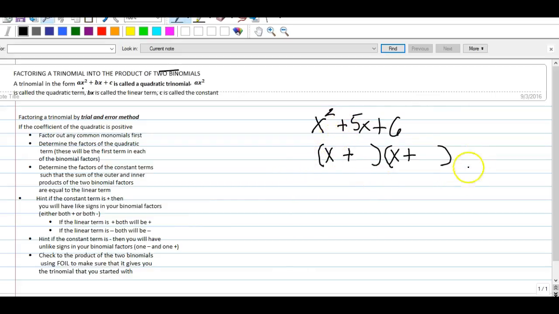So now all I have to do is determine the factors of 6 such that the sum of the outer and inner products gives me the linear term, which is 5x. And that's why we call it trial and error, because I don't know if the factors of 6 that I'm looking for here are 1 and 6 or 2 and 3.